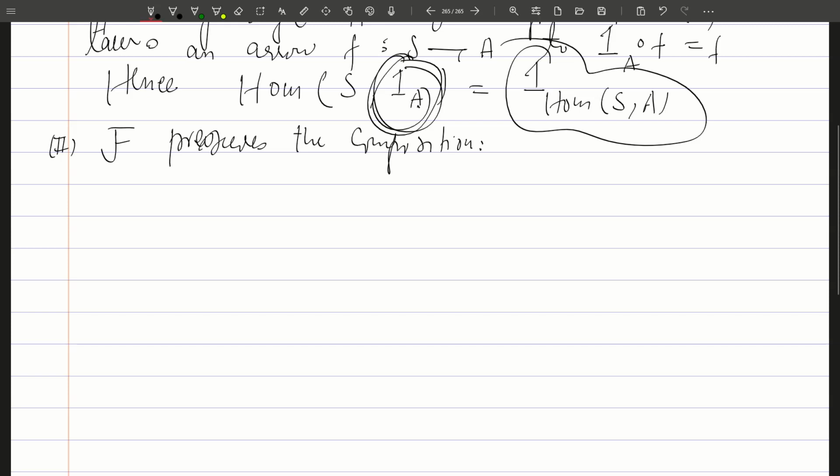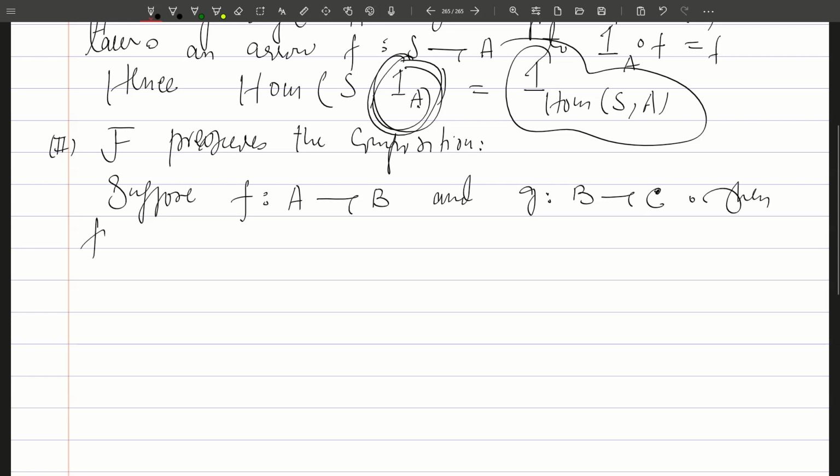Now to prove F preserves the composition, suppose we have two arrows, say f from A to B, and say g from B to C. So actually we have S here, we have A here, B and C. So this is the morphism f, this is the morphism g.